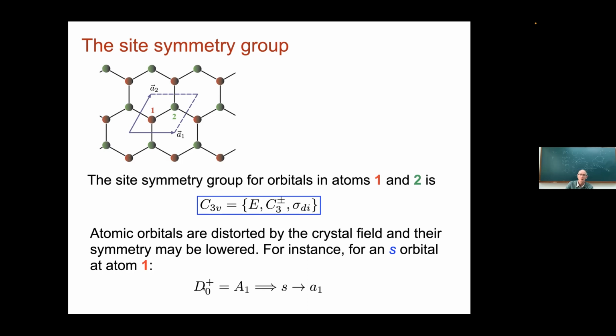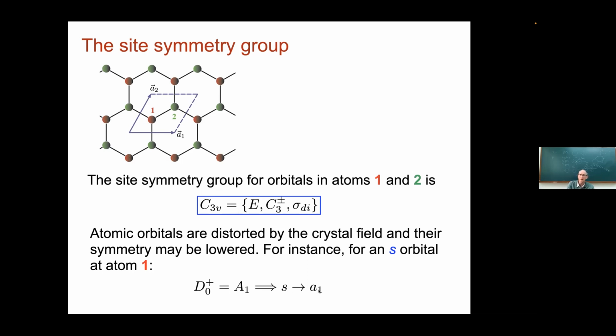In particular, this subduces the A1. We did that for C3v, you may remember it. And this means that instead of the orbital S, when I'm in a crystal environment, I will speak of the a1, lowercase, orbital. Is there any difference between these two orbitals?